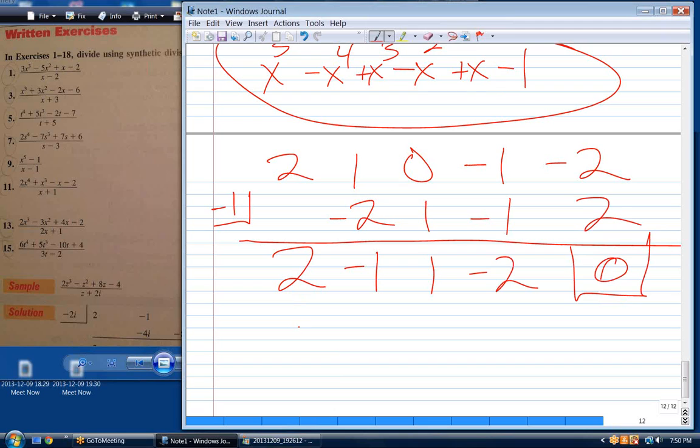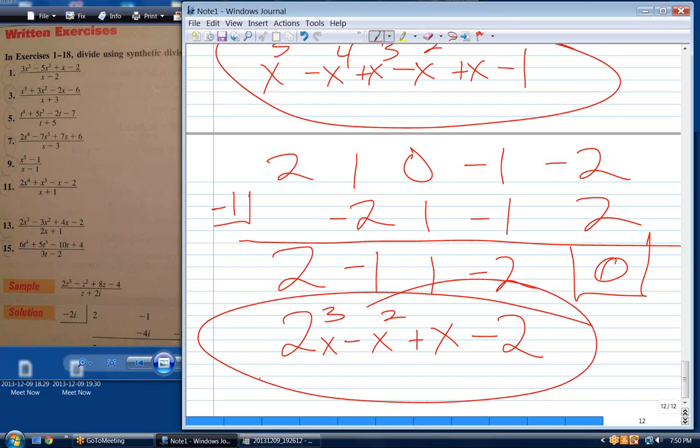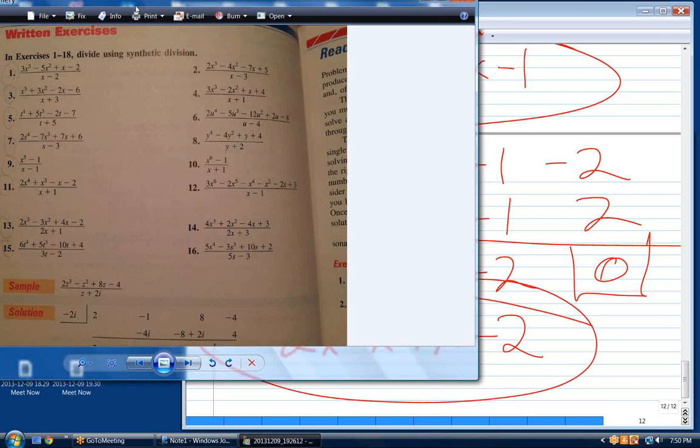The answer? 2x cubed minus x squared plus x minus 2. Okay. What else you got? Anything else?